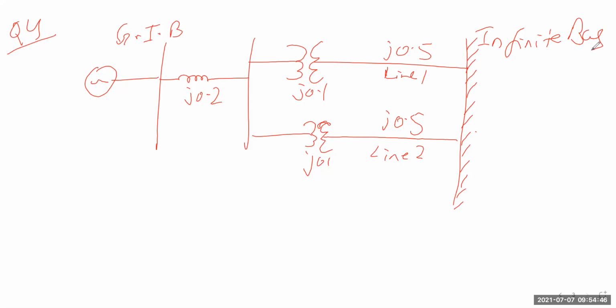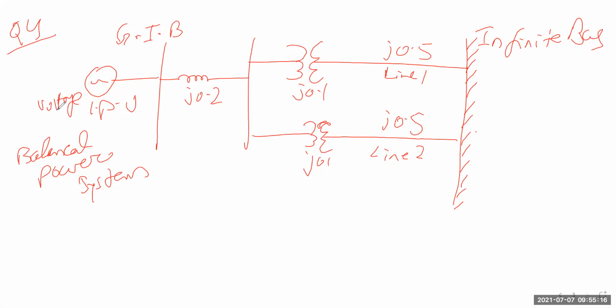So a single line diagram of a balanced power system is given. Now the voltage magnitude of the internal buses is 1 per unit. The per unit reactance of the different components is already given as shown in this figure.